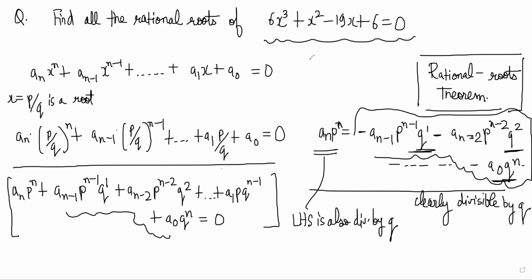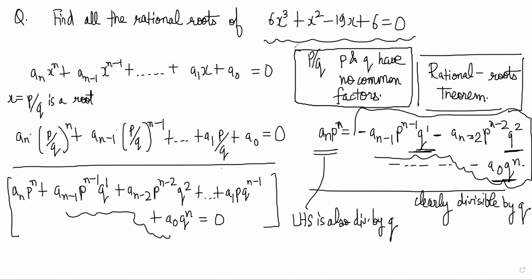But we said that p by q was a rational number where p and q have no common factors, right? When we said p by q was a root, p and q were supposed to have no common factors, right? Yes, sir. So if p and q have no common factors, then obviously there is no factor of q in p^n. p^n is not making it divisible by q, right?